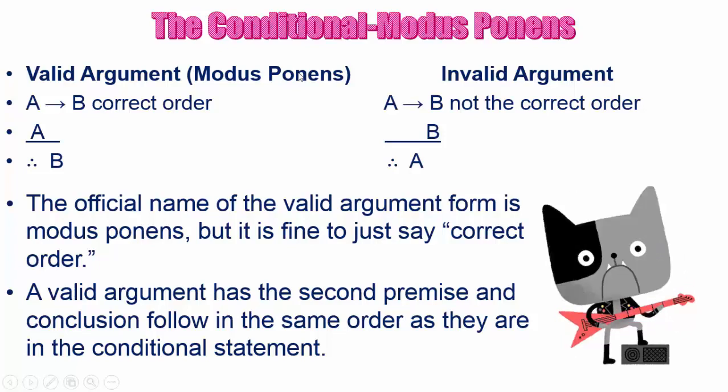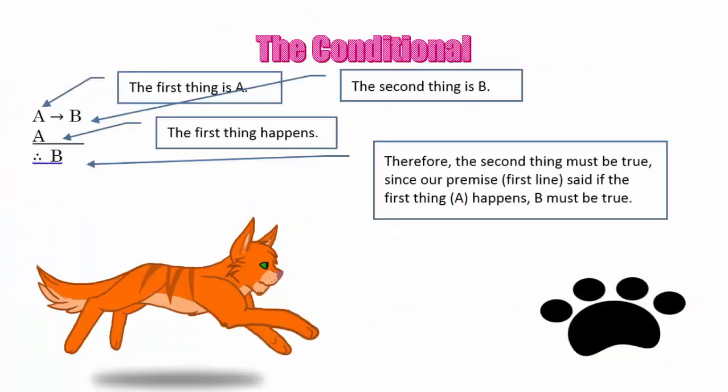So let's look at the symbols a little more closely. Here we have the conditional. The first thing is A, and the second thing is B, and the first thing happens.